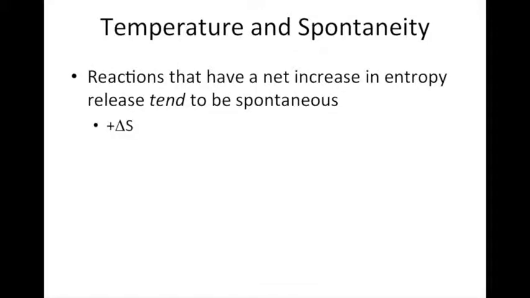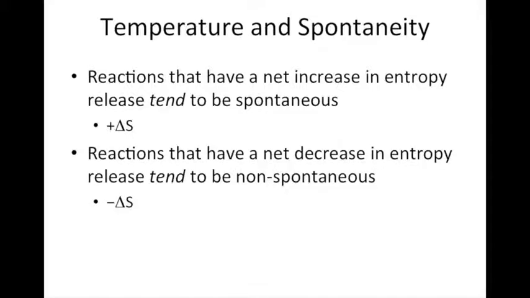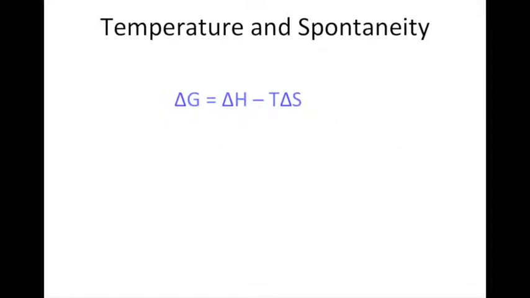Let's take a look at the entropy change for the system. Reactions that tend to have a net increase in entropy tend to be spontaneous, and reactions that have a net decrease in entropy tend to be non-spontaneous. And we can see again this mathematically if we look at delta S for the system.